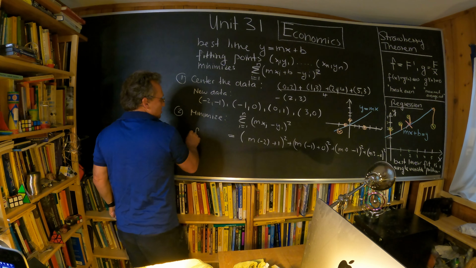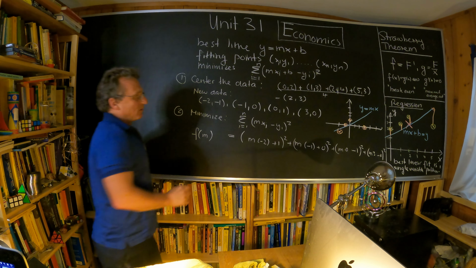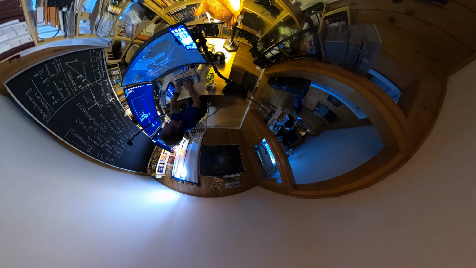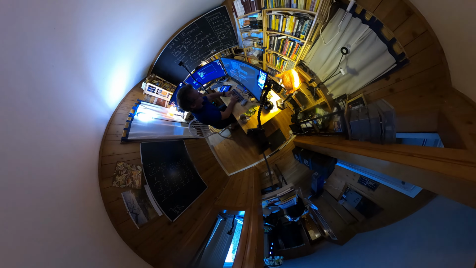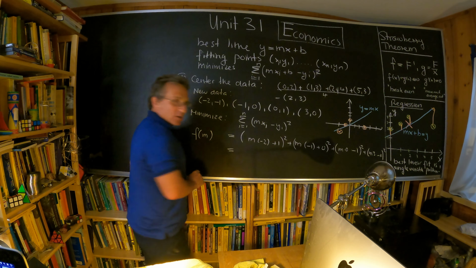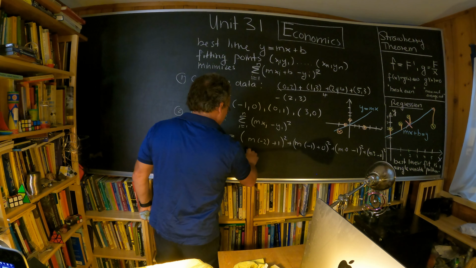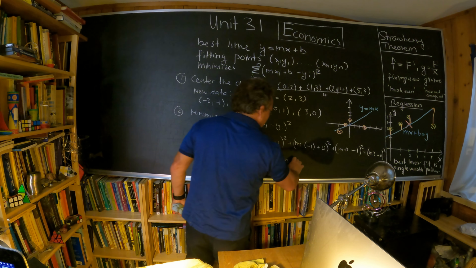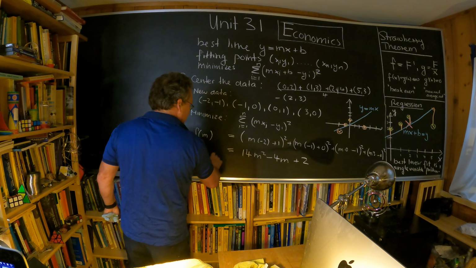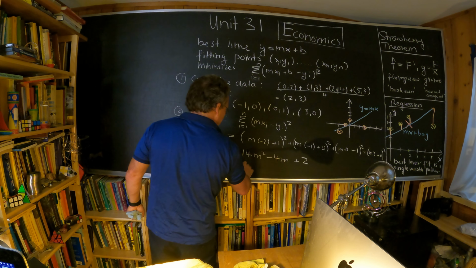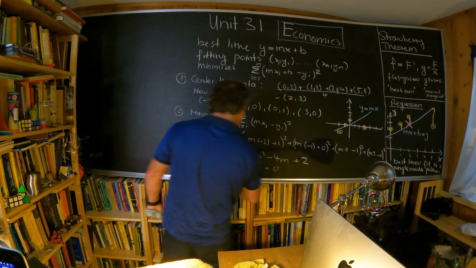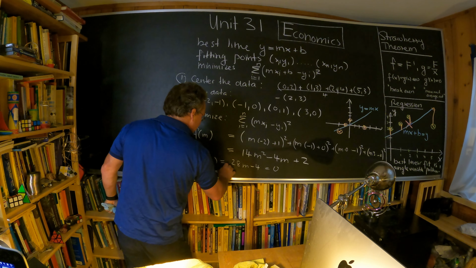So this is the function f of m which we want to extremize. It is equal to 14 m squared minus 4m plus 2, and its derivative is 28m minus 4, which is equal to 0. So we see that m is equal to 1/7.